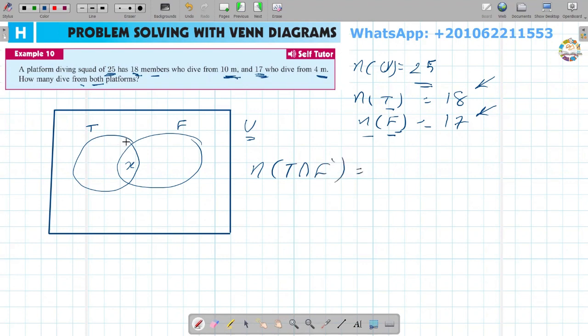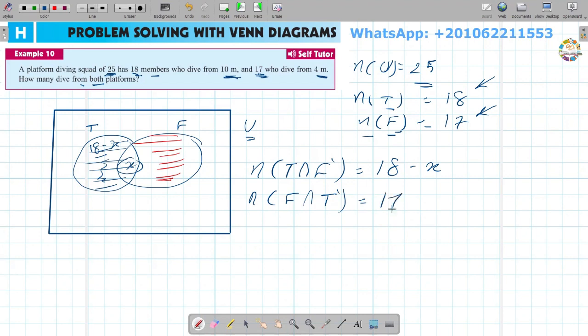It should be the whole value of T except X, and the whole value of T is 18. So this region is represented by 18 minus X. What about the other region? The number of F intersect with the complement of T is 17 minus X. And we know the total value should be 25.